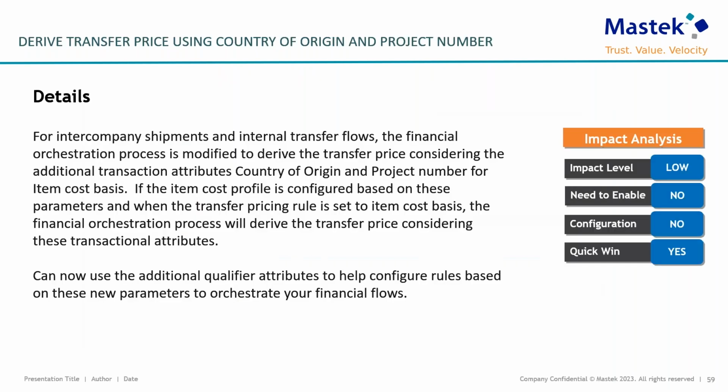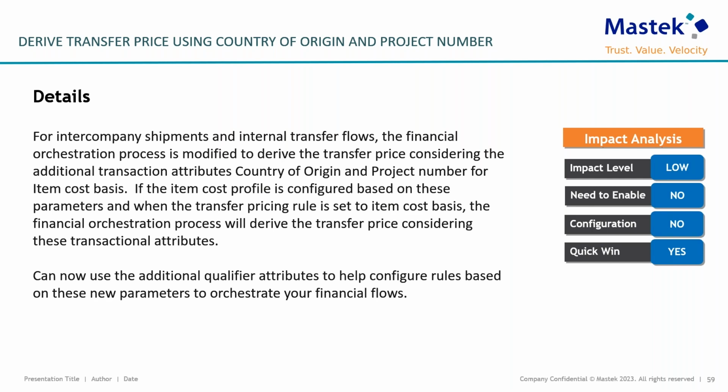Now moving to the next one, which is derive transfer price using the country of origin and project number for intercompany shipment and transfer orders. We have to define a transfer pricing for the financial orchestration process, considering the additional transaction attributes of country of origin and project number for item cost basis.